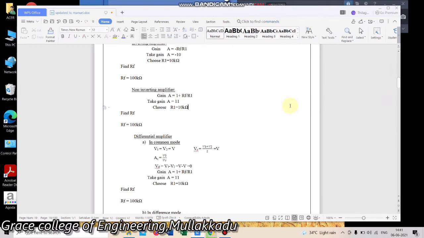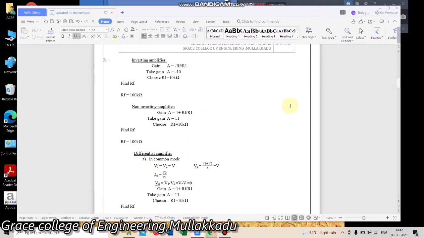For the inverting amplifier the gain formula is A equal to minus RF divided by R1. When A equal to minus 10 and R1 is equal to 10 kilo ohm, the feedback resistance RF equal to 100 kilo ohm. Similarly, for non-inverting amplifier, the gain A is equal to 1 plus RF divided by R1. We are assuming A equal to 11 and R1 equal to 10K, then RF is equal to 100K.